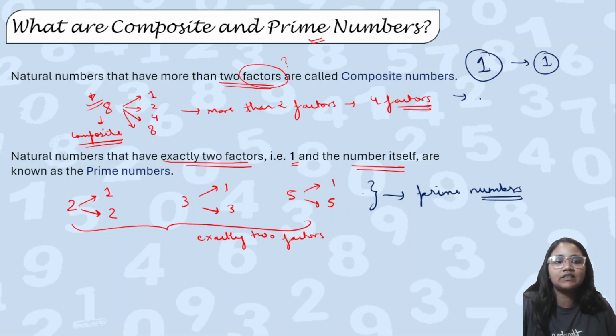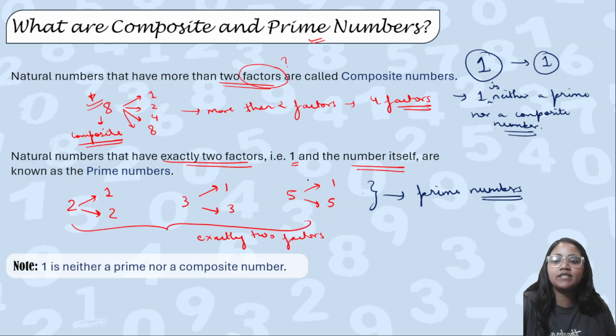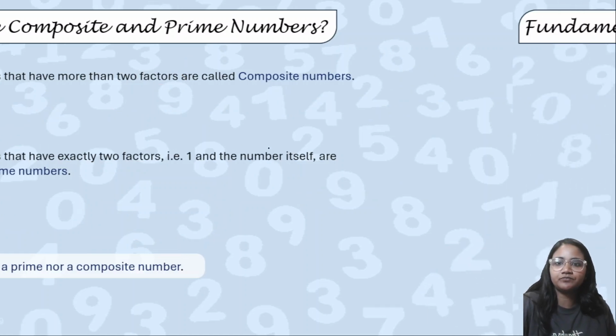So we can say that 1 is neither a prime nor a composite number. I hope this is clear. This is very important because students get confused. 1 is neither a prime nor a composite number. Okay, let's move forward.